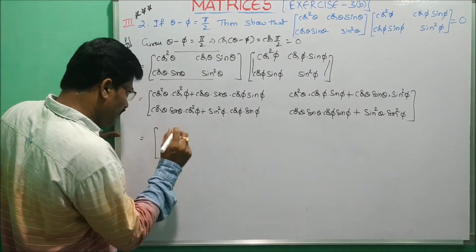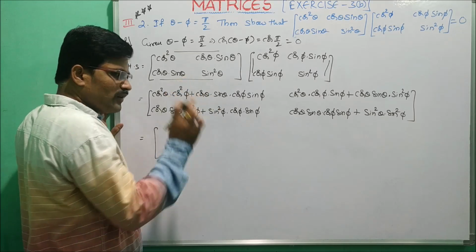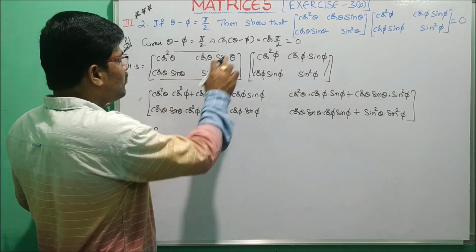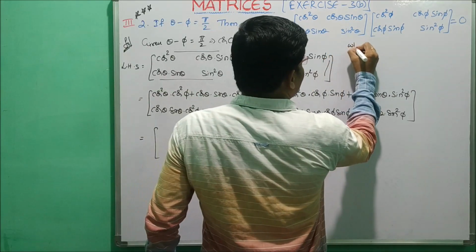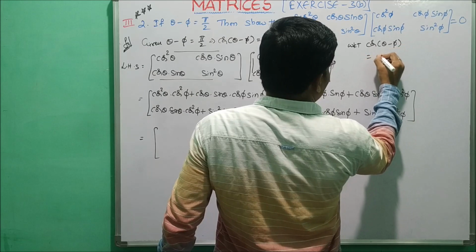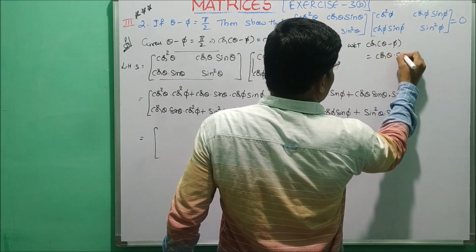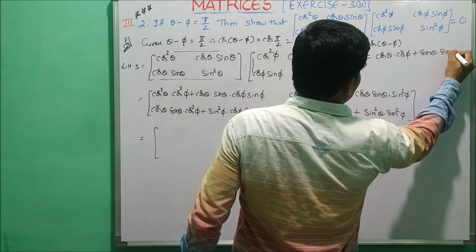So here clearly we note one thing. First of all, we write the cos theta minus phi formula. Here we know that cos of theta minus phi can be written as cos theta cos phi plus sin theta sin phi.